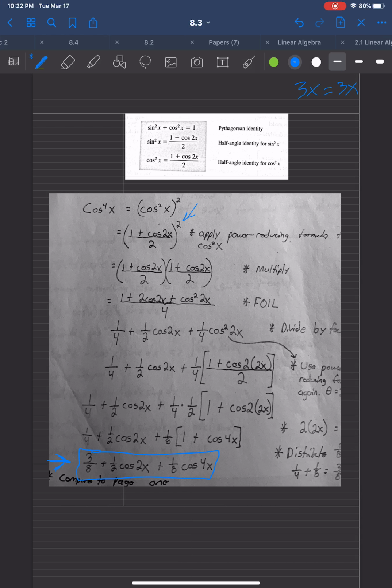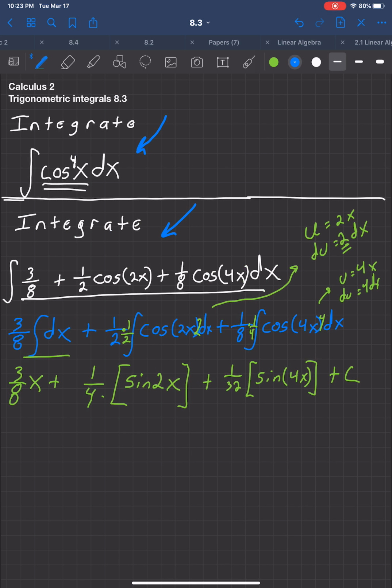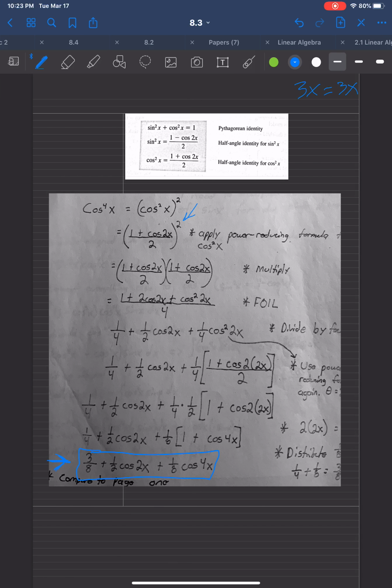And have you seen that before? 3/8 plus 1/2 cosine of 2x? Well, I think you have, because that was what we had here.